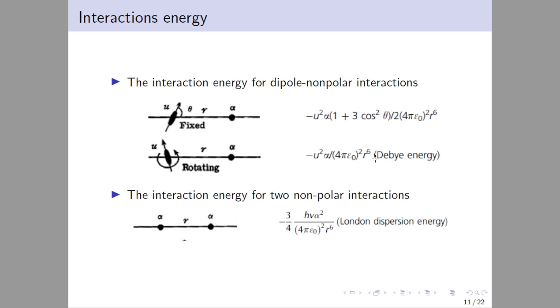Then the interaction energy for two non-polar molecules, alpha and alpha. If we put these together, we are going to get this London dispersion energy equation.